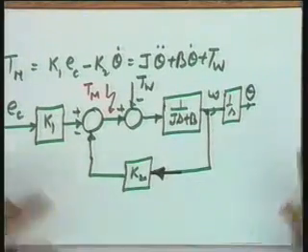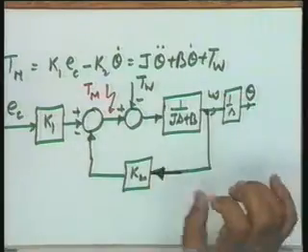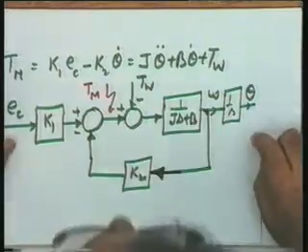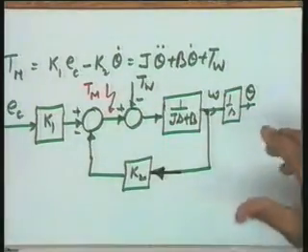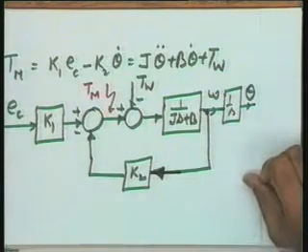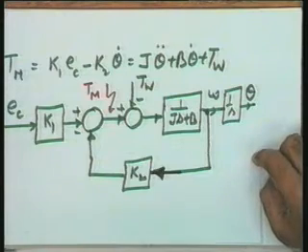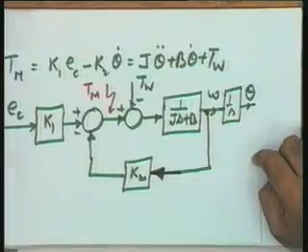I make a statement that this particular block diagram is more complete in the sense it gives you information about the torque produced by the motor, and it brings out the inherent feedback nature of the system. Okay, and we will be mostly using this particular block diagram whenever an AC motor is taken as a component in a feedback system. Okay, fine.